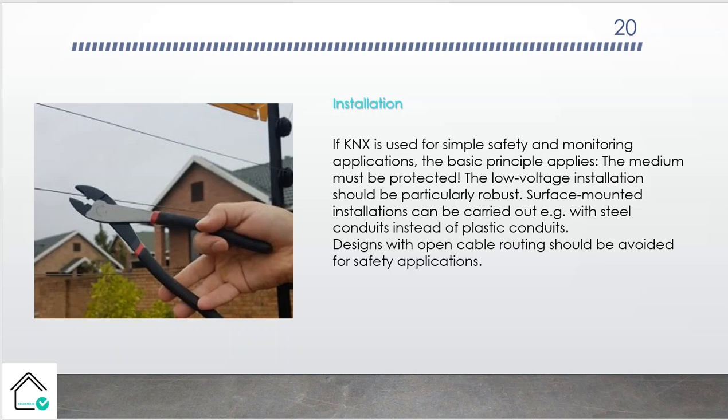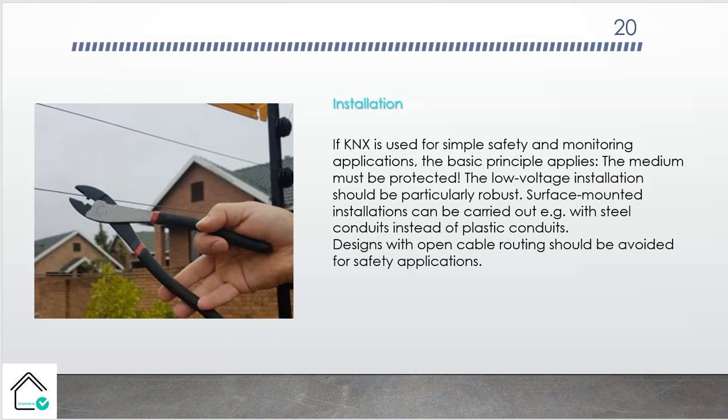housing. It means when you want to have the green cable installed on a surface, you should hold it in the steel housing. Designs with open cable routing should be avoided for safety application. You should not have the open cable, the green cable, anywhere.